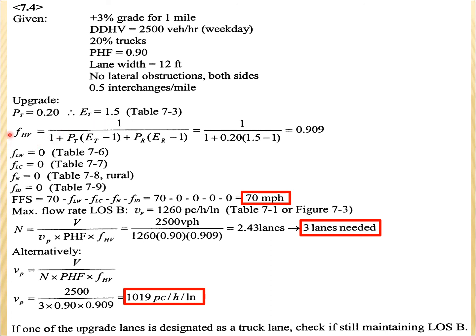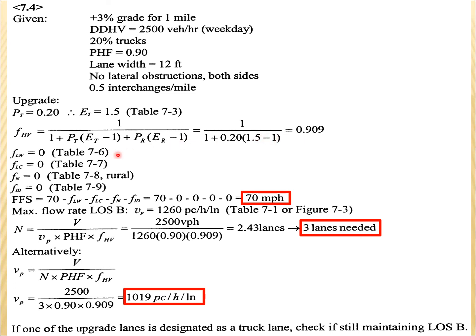Then F sub HV, the heavy vehicle adjustment factor. So by using this formula, just plug in the values. So the answer is coming 0.909.